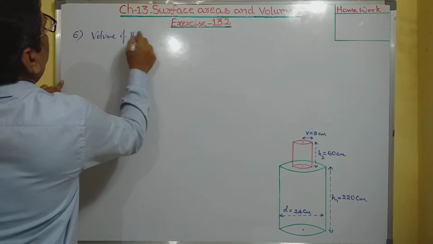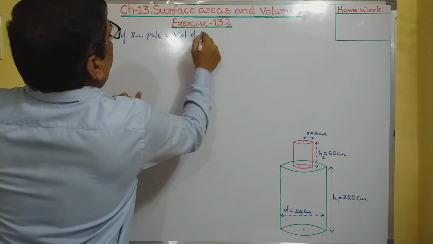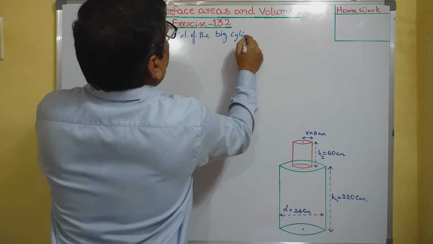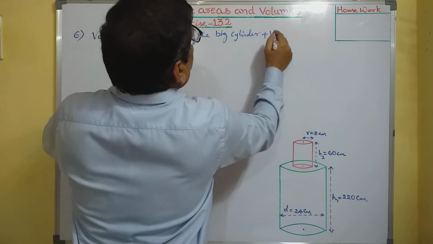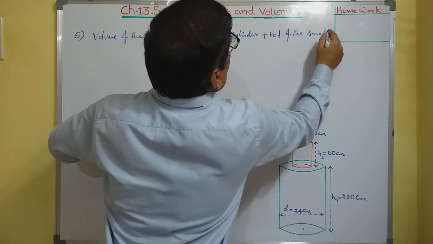Volume of the pole is equal to volume of the big cylinder plus volume of the small cylinder.